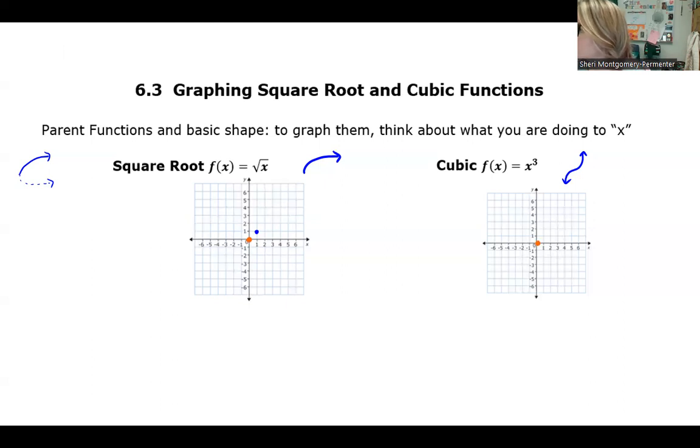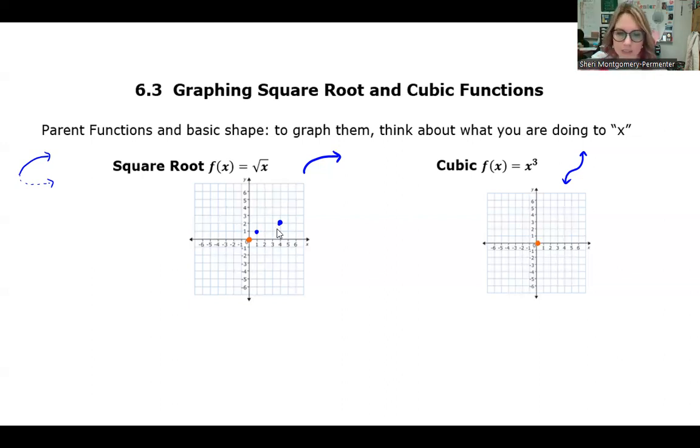What about 3? What about the square root of 4? 2. So you can go over to 4 and up to 2. Which one would be the next pretty square root? No. 9. 9 would be the next pretty square root.